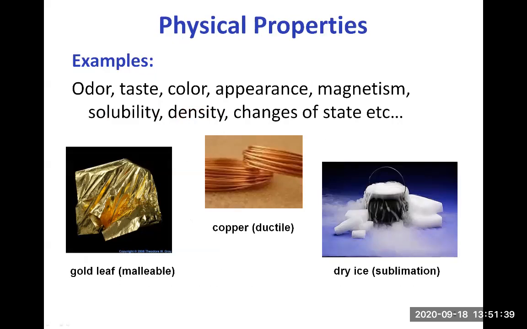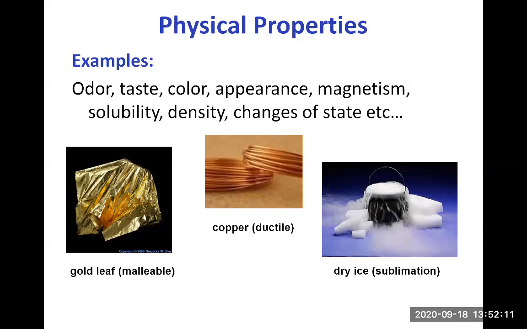The color, the appearance, the shape, the magnetism, as we saw with the iron, solubility, so the fact that you can dissolve it into a liquid. It's a physical property because you can retrieve the substance if you evaporate the water. For example, let's say you're dissolving salt or sugar in water. If you evaporate the water, you will get back your salt or sugar. It will crystallize back.